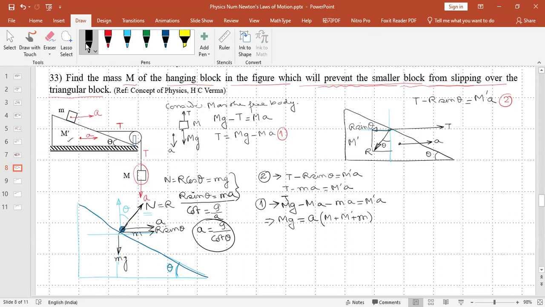Right? Now we put the value of A from here. Therefore, mg is equal to g by cos theta multiplied by capital M plus capital M dash plus small m. This g and g get cancelled.